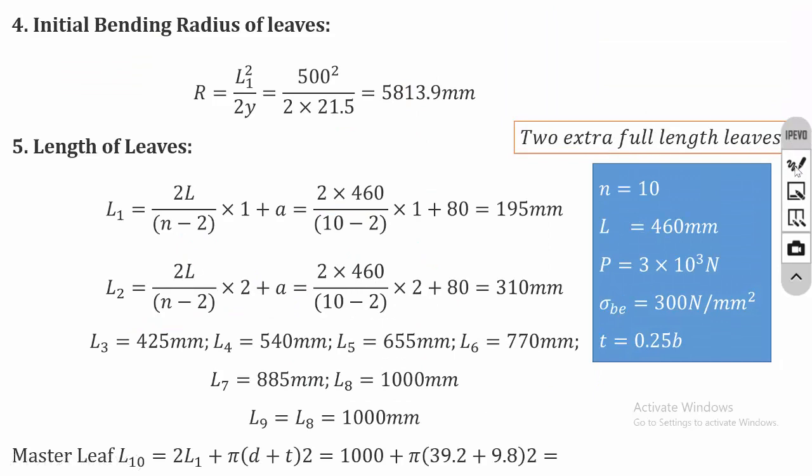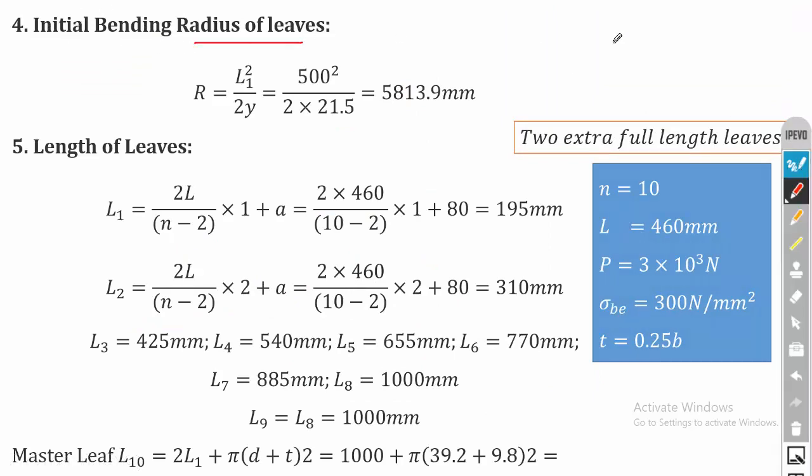After calculating the diameter, the next step is the initial bending radius of the leaves. The leaf is initially made with some bending radius, so we have to calculate the initial bending radius of the leaf. The equation is R is equal to L1 square, it is not L square, L1 square divided by 2y.